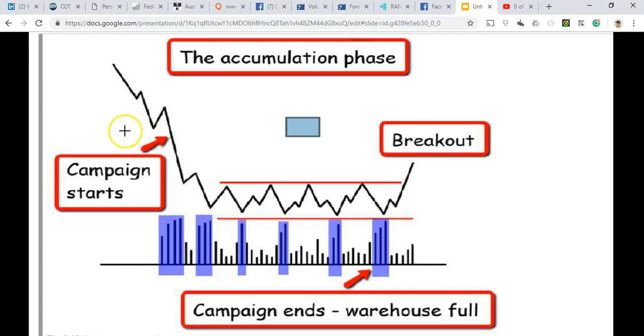The intent is this: if the market maker wants to continue to accumulate, to continue to buy, and doesn't want the buying to affect his move, he doesn't want the market to go up while he's buying. So he's going to go into minus selling. He may start buying first.